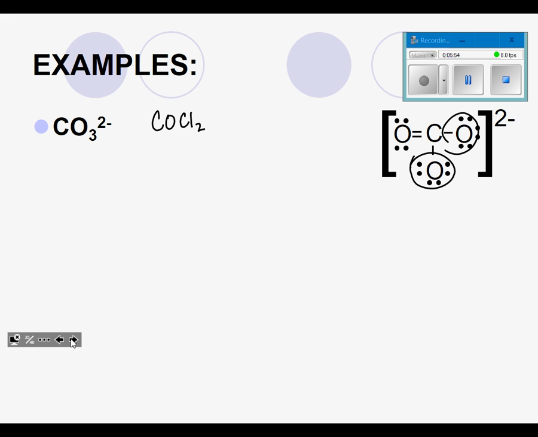So we could have had C, and then a double bond to O with lone pairs, and then chlorine over here with lone pairs, and chlorine here. And the reason I say this is because we're not going to give you ions. We're not going to test you on ions on the test. So I prefer you look at this picture right here instead of this example.